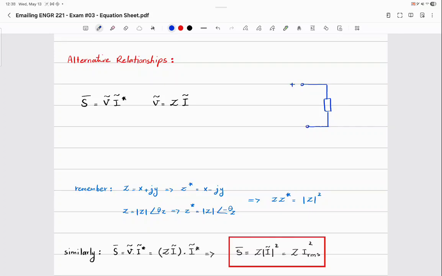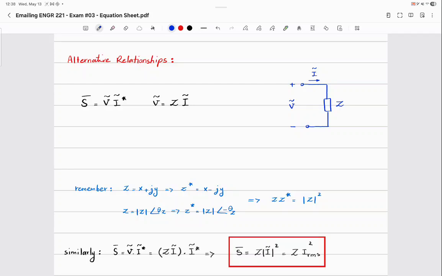And this is V tilde, which is the RMS phasor of voltage, and this is I tilde, which is the RMS phasor of current. And this is the impedance Z.